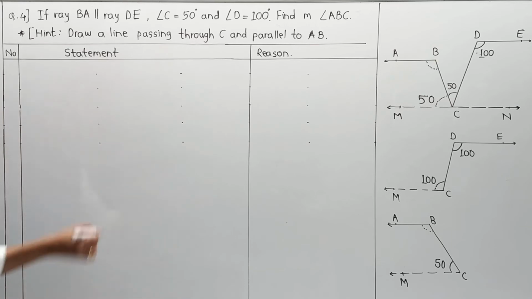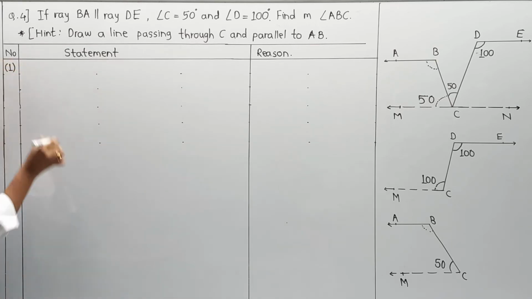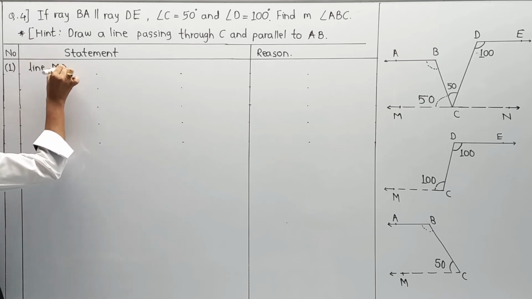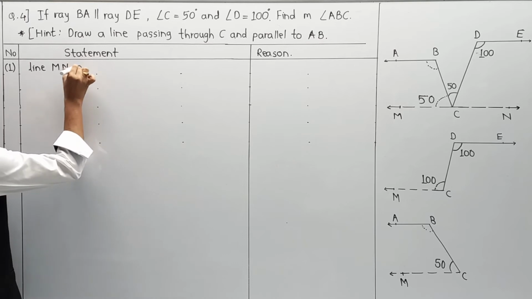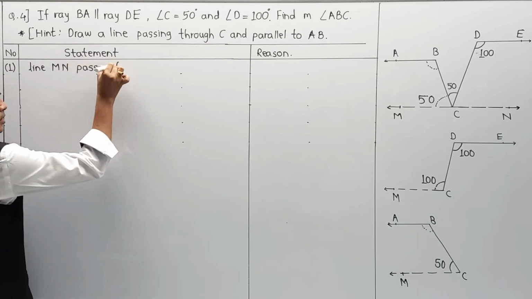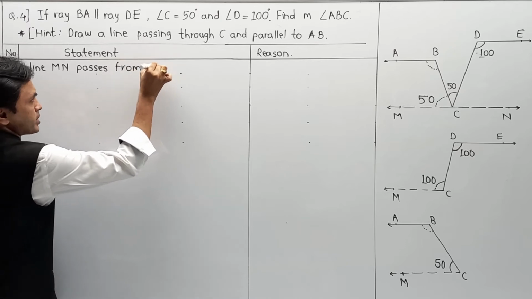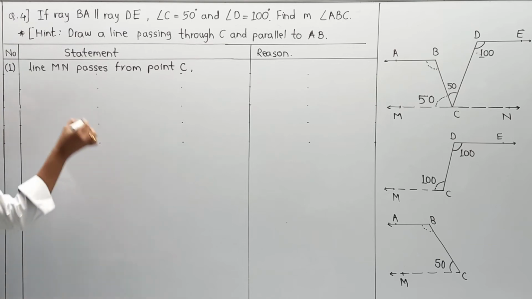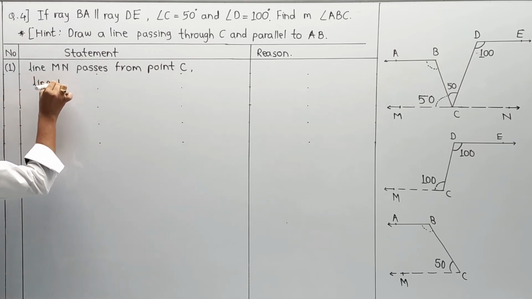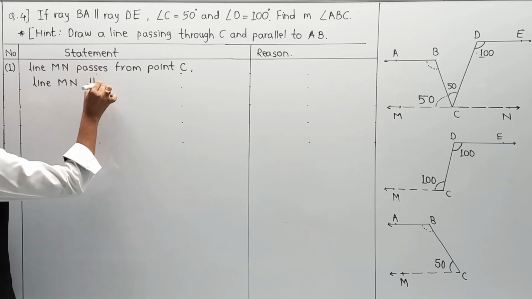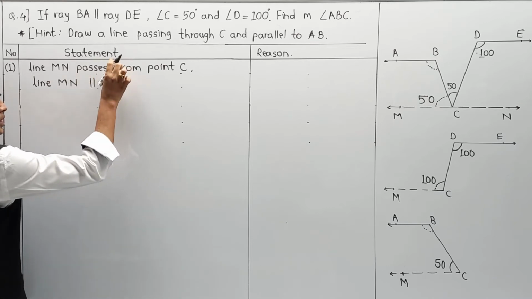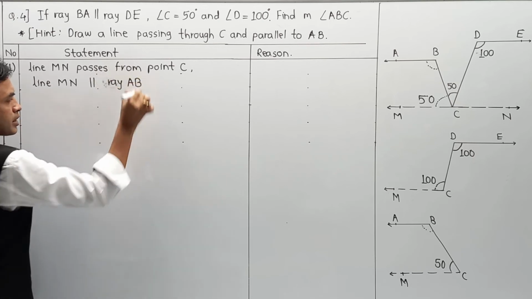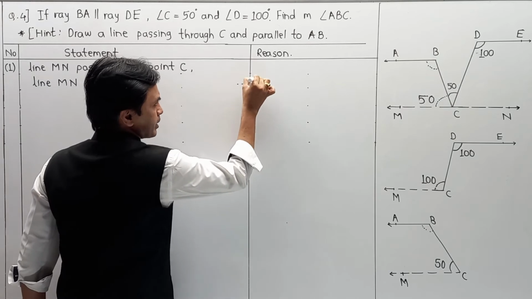So first, line MN passes through point C, and line MN is parallel to AB, or you can say ray AB. This is the extra part we have done, that is, by construction.